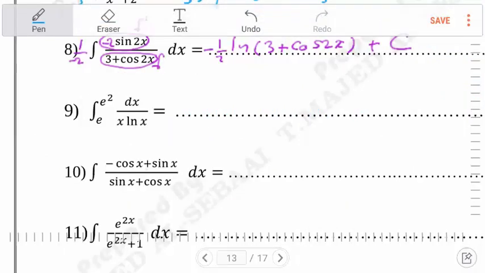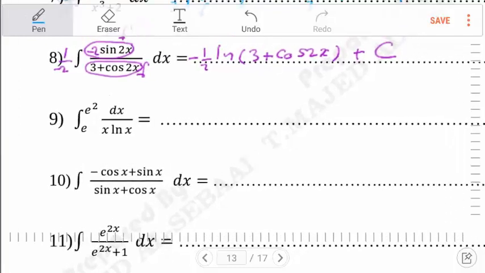Okay. Also, this I can write it this way: integral from e to e squared of 1 over x over ln x dx. Can I write it this way? Because if I take this x down, I will get back to my original question.